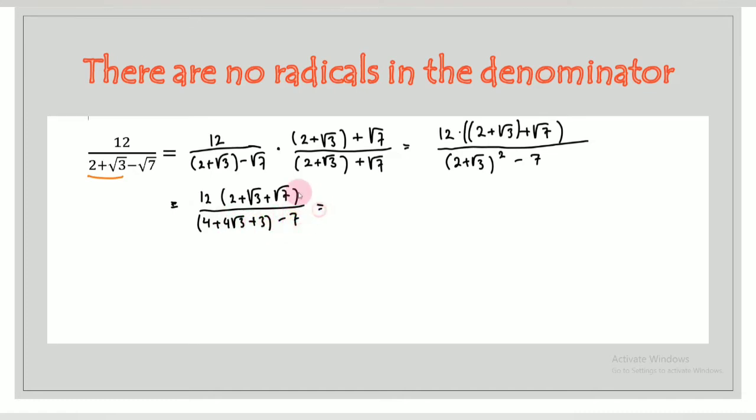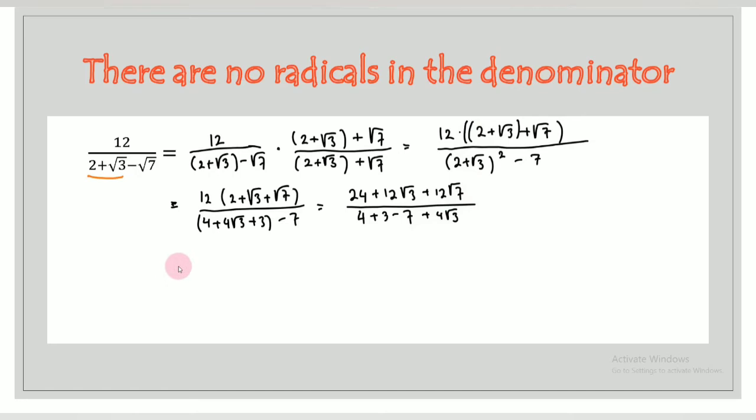So in the end, I need to distribute 12 into each term, 2 square root of 3 and square root of 7. So in the end, we have this. Let me continue. I can safely eliminate the parentheses there and change the order of the addends and subtrahend, and I can have this.